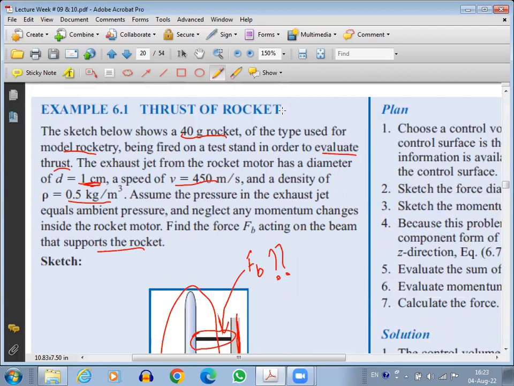The beam is holding the rocket in place, so we can calculate how much thrust is produced by the rocket by finding the force supported by the beam. The velocity, the diameter of the exhaust jet, and the density of the jet are measured. Now we need to find out how much is the force on the beam.